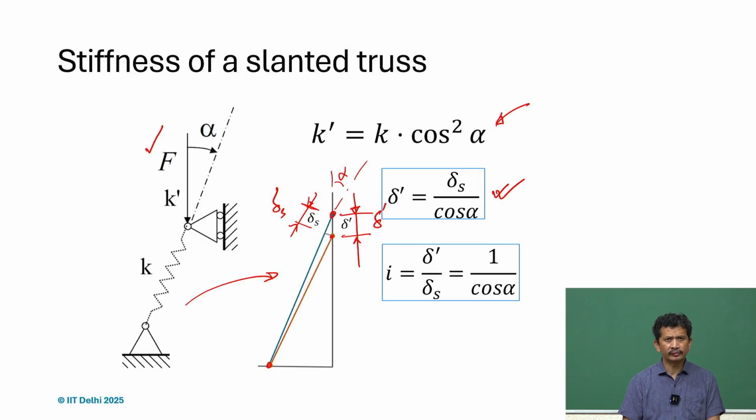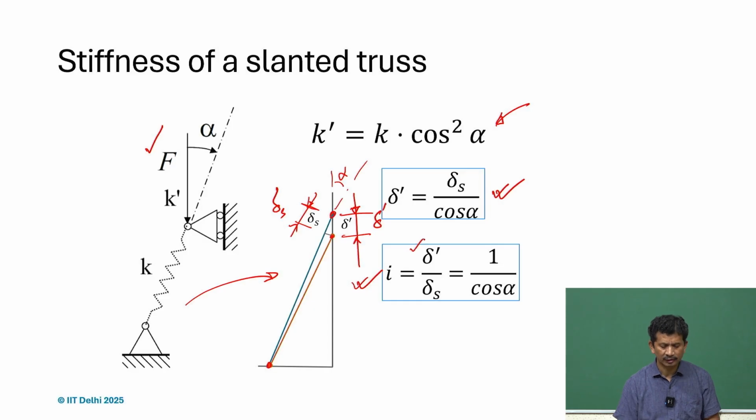Another approach is talking about the transmission ratio. Transmission ratio is defined as output versus input. What is the output here? Where we are interested in. We are applying force in the vertical direction, so what is the deformation in that direction?